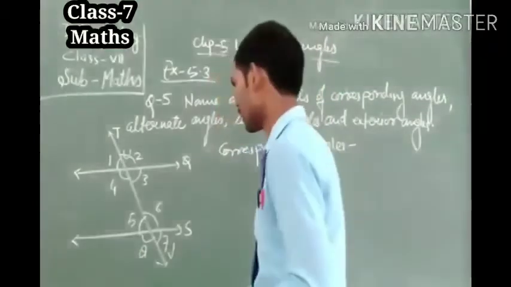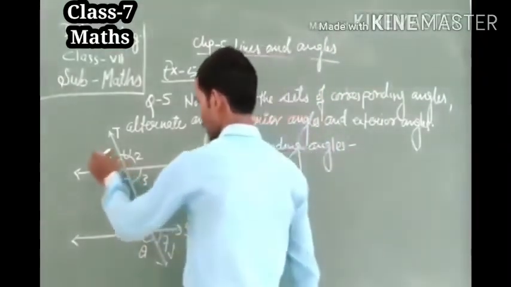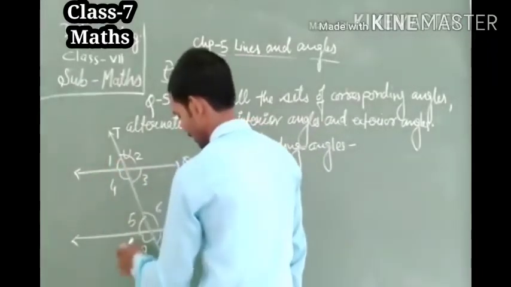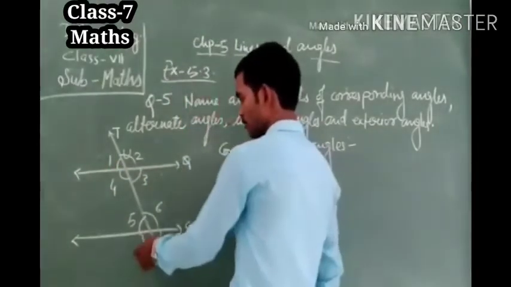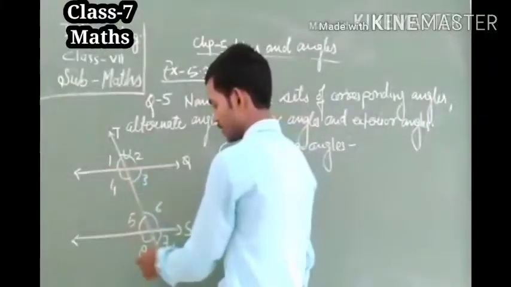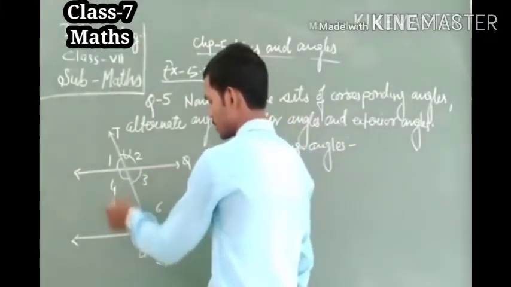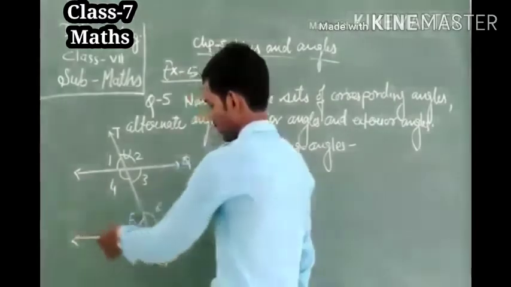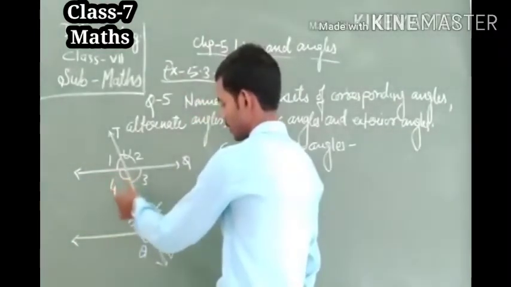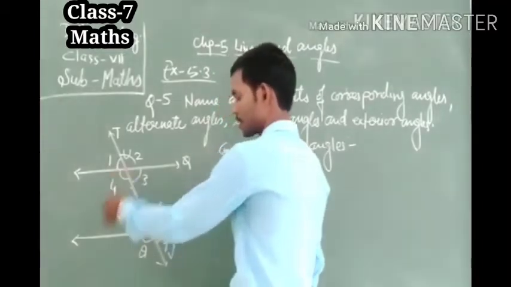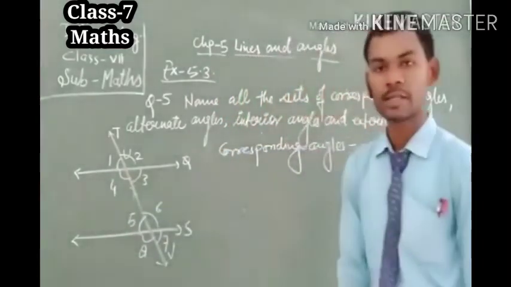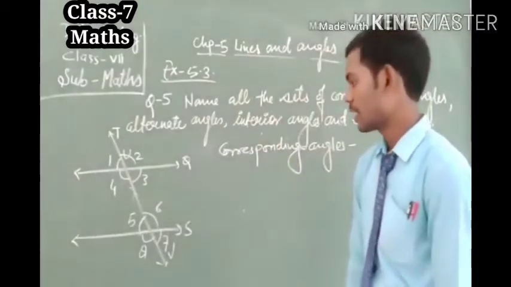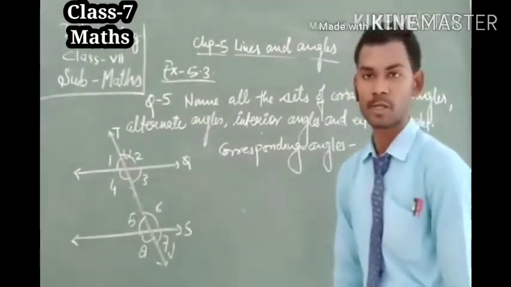The figure shows angle 1 and angle 8. We can see that one arm of each angle is on the left side, and their other arms are formed by the transversal. So we can say that angle 1 and angle 8 are corresponding angles.